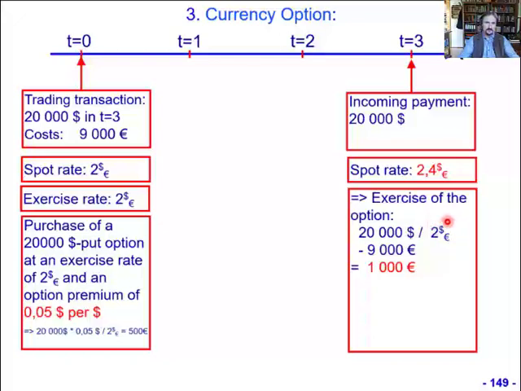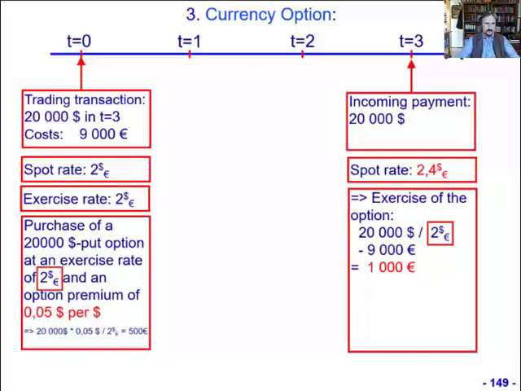We have to give away only $2 for 1 euro instead of $2.4 for 1 euro. So in this case, we would exercise the option, would have a euro income of 10,000 euro minus our euro production costs, which leaves us a gross profit of 1,000 euro.